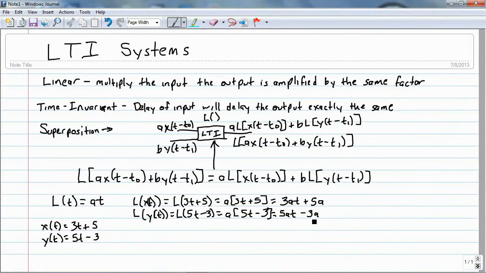Forgot a bracket here. So now, if I were to look at this function L, and I want to do both of these together, you should get the same as adding these two responses together. So let's do that.